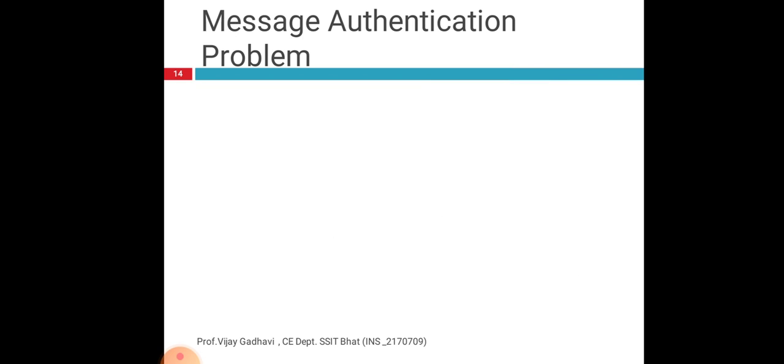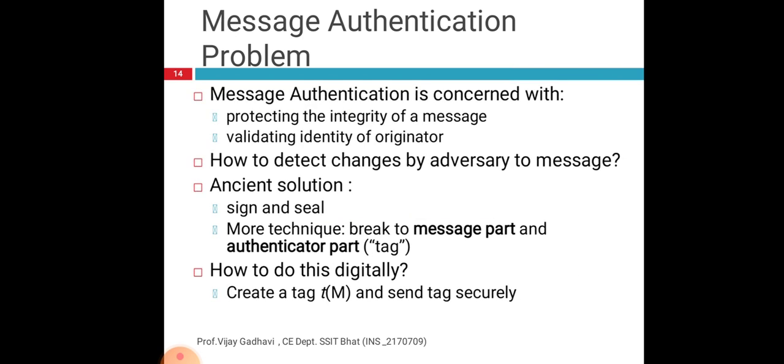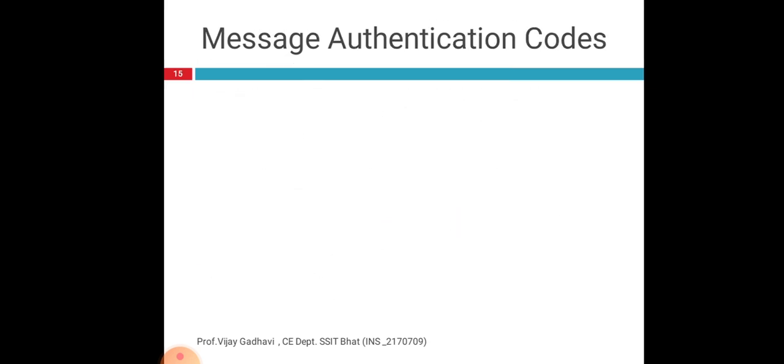The message authentication problem is concerned with protecting integrity, validating identity, and detecting changes to the message by an adversary. One solution is to sign and seal: break a message into parts, with an authenticator part like a tag. How to do this digitally? Create a tag T(M) and send the tag securely.